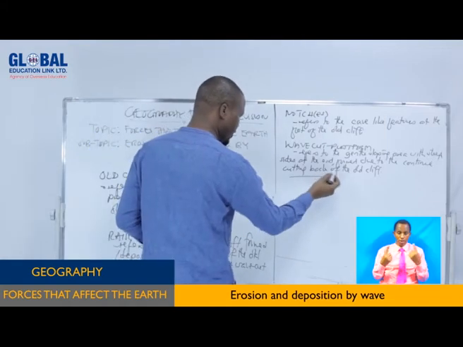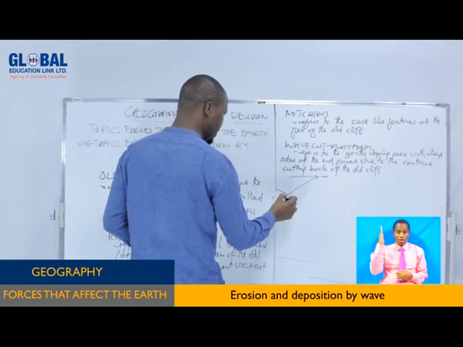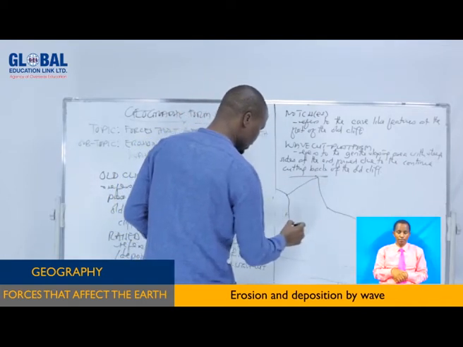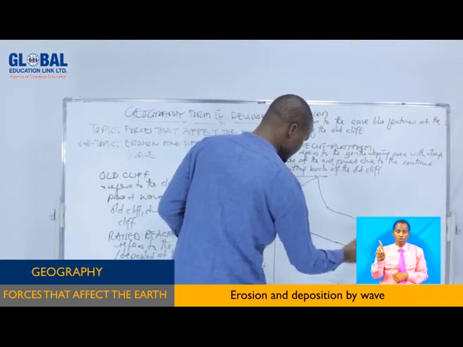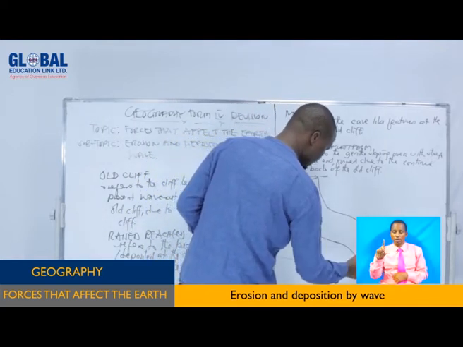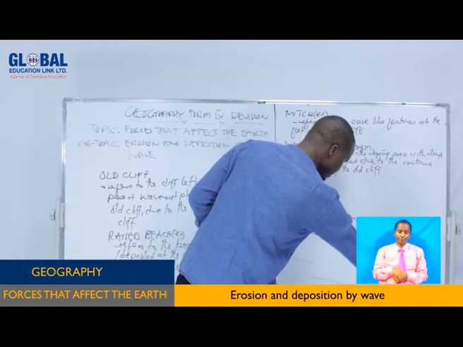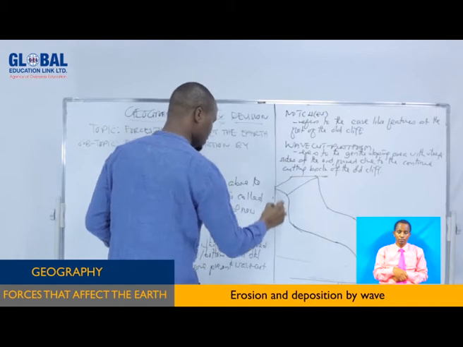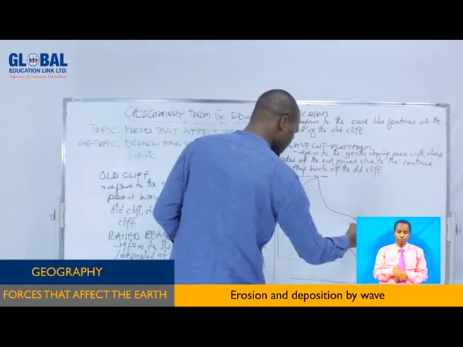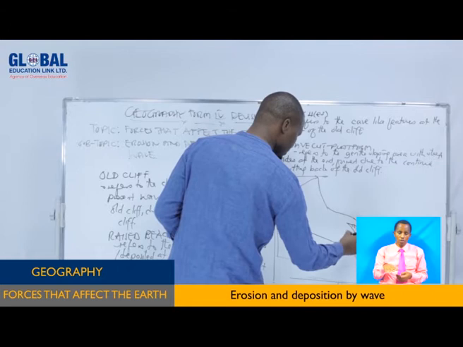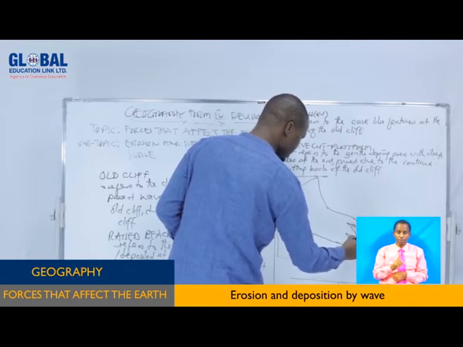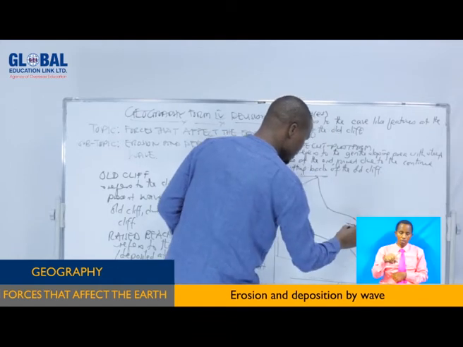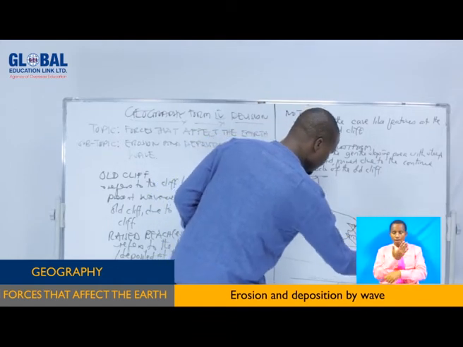Let me draw here so you can understand the concept well. It means we have the old cliff, this one. Then we have the present wave cut platform, this one, see? So it means we have water, the sea water, coming here.